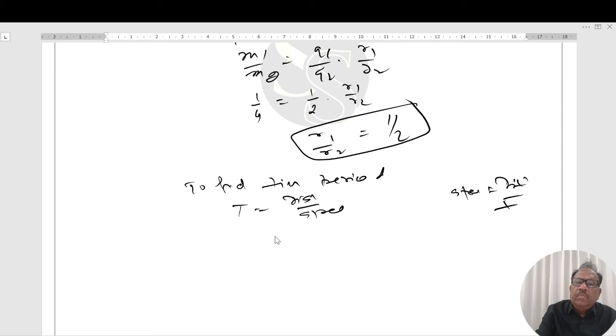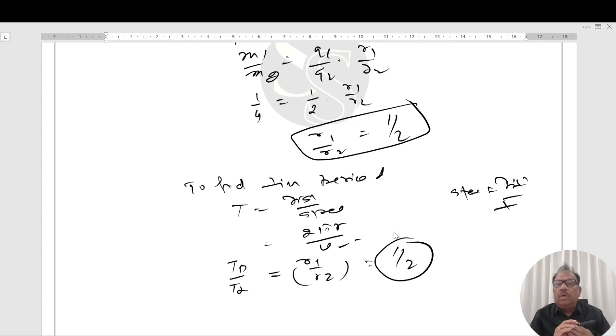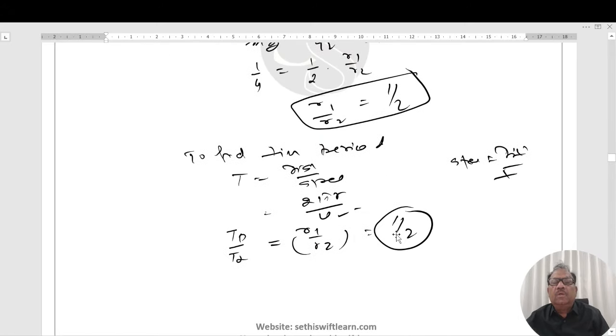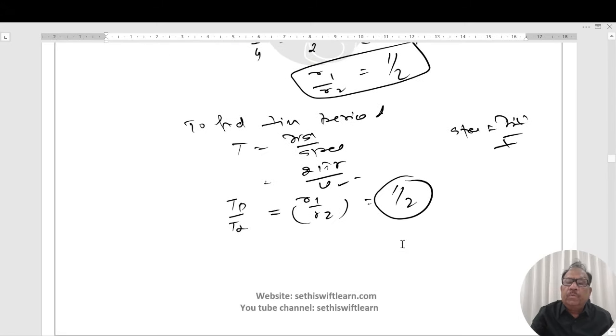In this case, 2 pi r upon v. So Tp over T alpha will be equal to, as v is the same, R1 over R2. This is given as 1 by 2. 1 by 2 is the answer. Let's see what the answer is. A is the correct option.